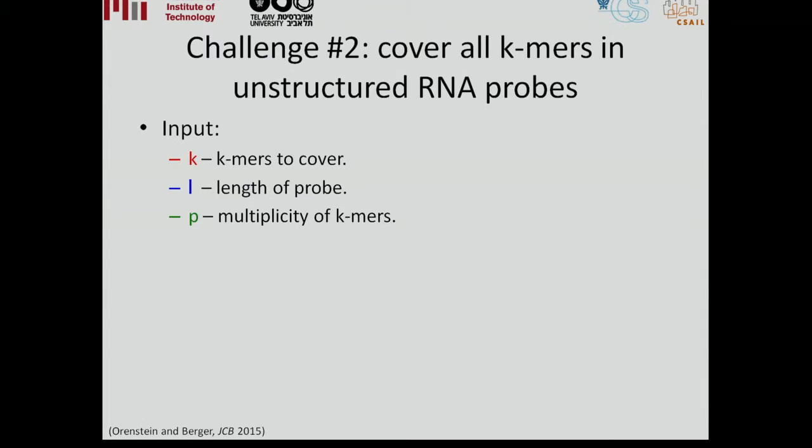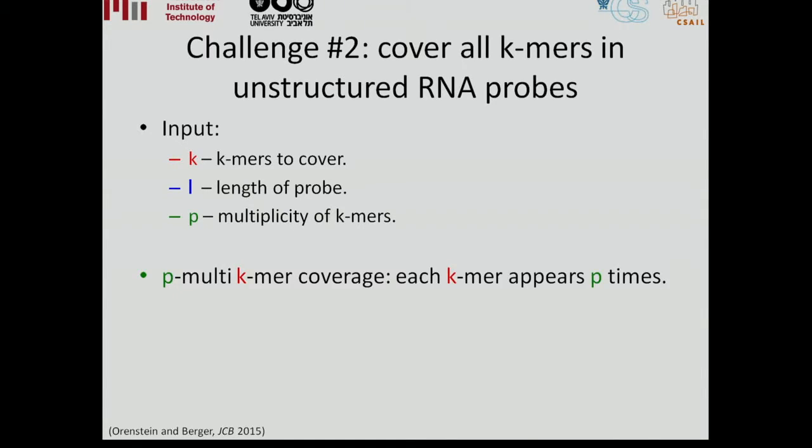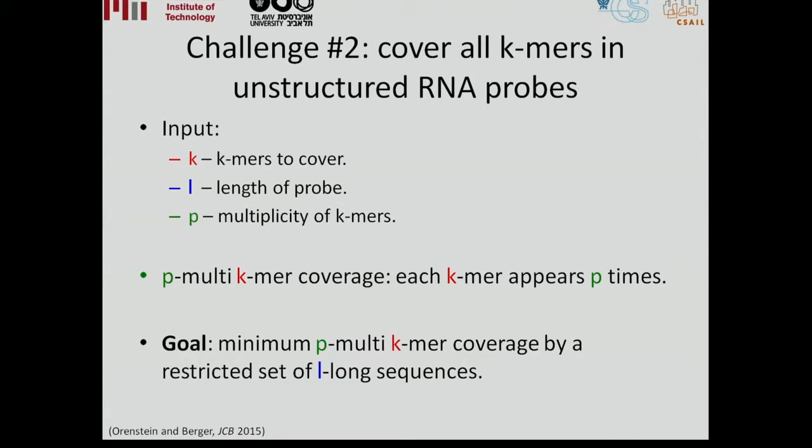L is the length of the probe on the microarray, and p is the number of times you want each k-mer to appear. And we define a p multi-k-mer coverage as a set of sequences that together cover all RNA k-mers, and each k-mer can appear exactly or at least p times, depending on what we want to cover. And the goal is to find the minimum p multi-k-mer coverage by a restricted set of L-long sequences.